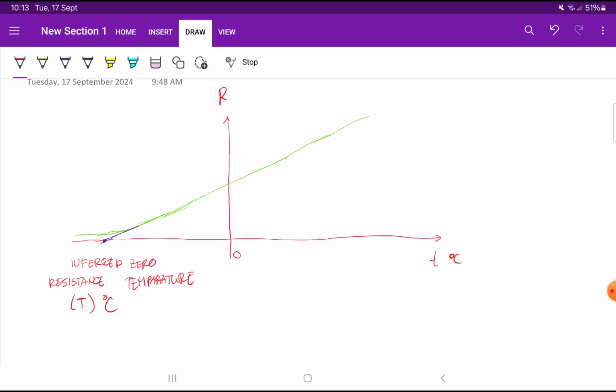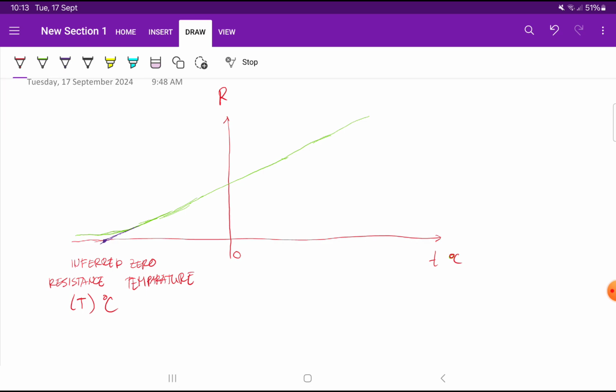For a hard-drawn copper wire, the T is negative 242 degrees Celsius, or for an annealed one, it's 234 point something degrees Celsius. I will be giving that table in our next discussion. But today, we'll just be deriving the formula that we'll be using.